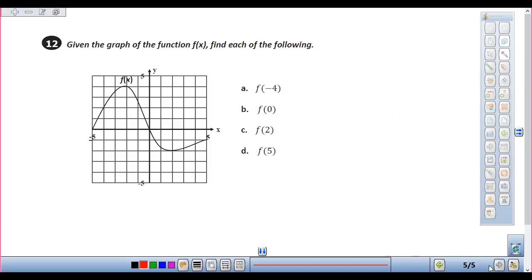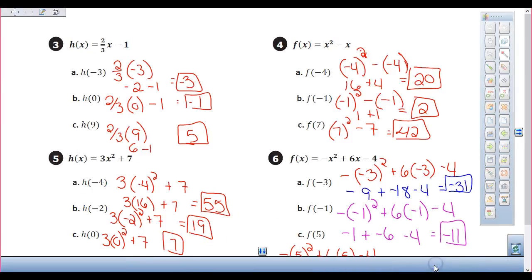All right, and then we just have to look at the graph that's on the bottom of your page. Okay. These numbers stand for what? What am I plugging these numbers in for? X. Okay. This whole time, guys, that we've been doing this, we've been plugging these numbers in for what?